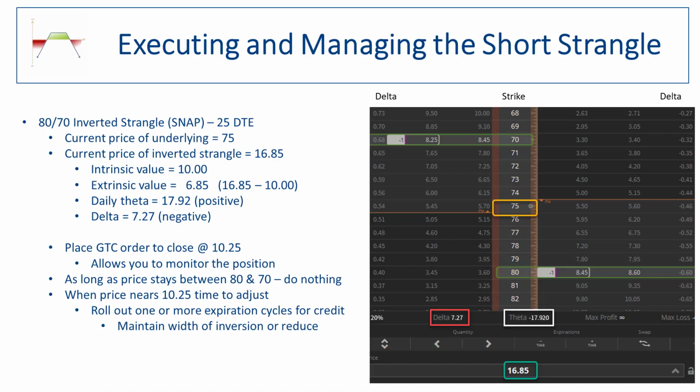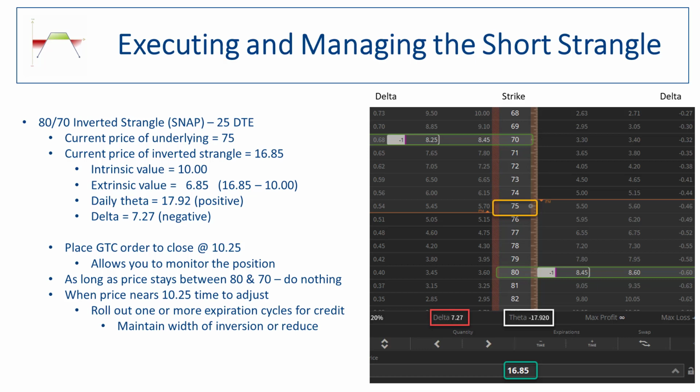The option chain on the right side of the slide is an actual SNAP 80 by 70 inverted strangle. Note, the delta and theta values are reversed because it displays the closing order to generate the current price of the inverted strangle. The current metrics for the position are: the price of SNAP is $75 per share.